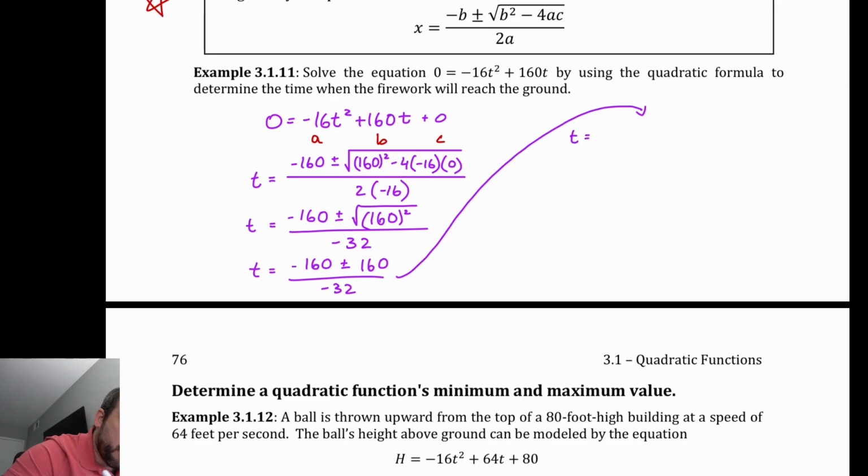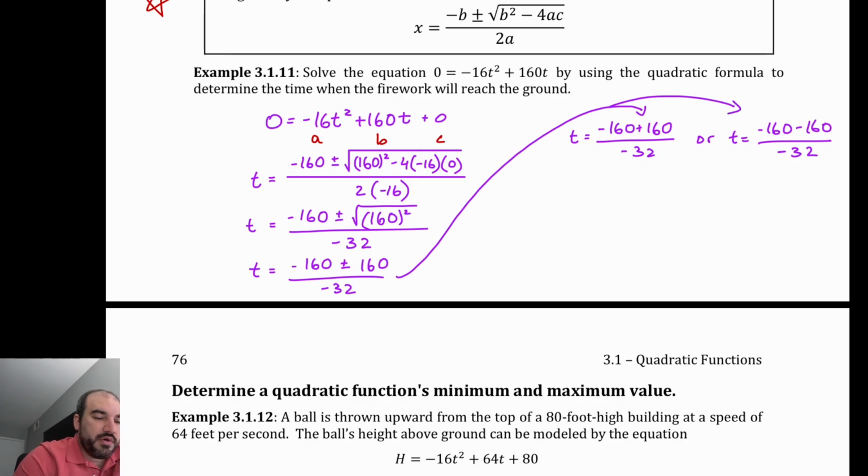First one is t equals negative 160 plus 160 divided by negative 32, or t equals negative 160 minus 160 divided by negative 32, right? Because we have the plus or minus there, which means we can split into the two forms, the plus and the minus, separately. So this is how we split using the plus or minus.